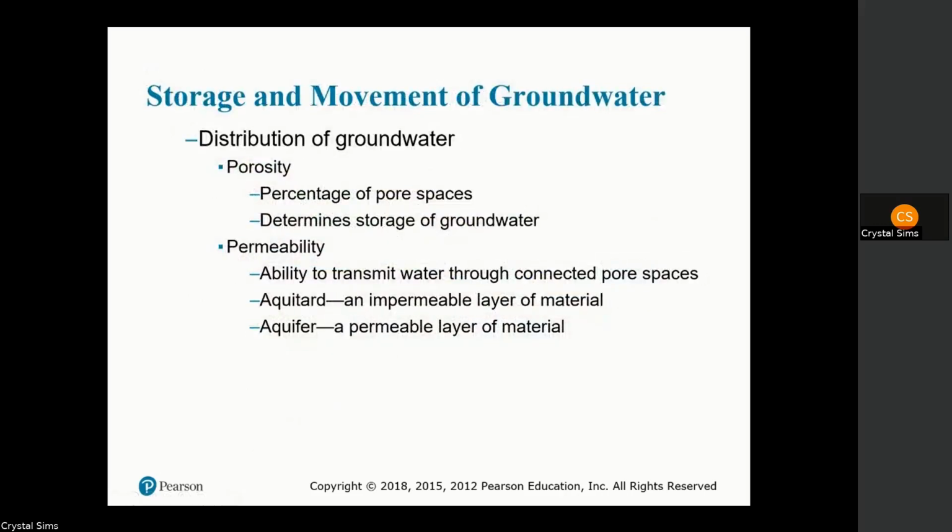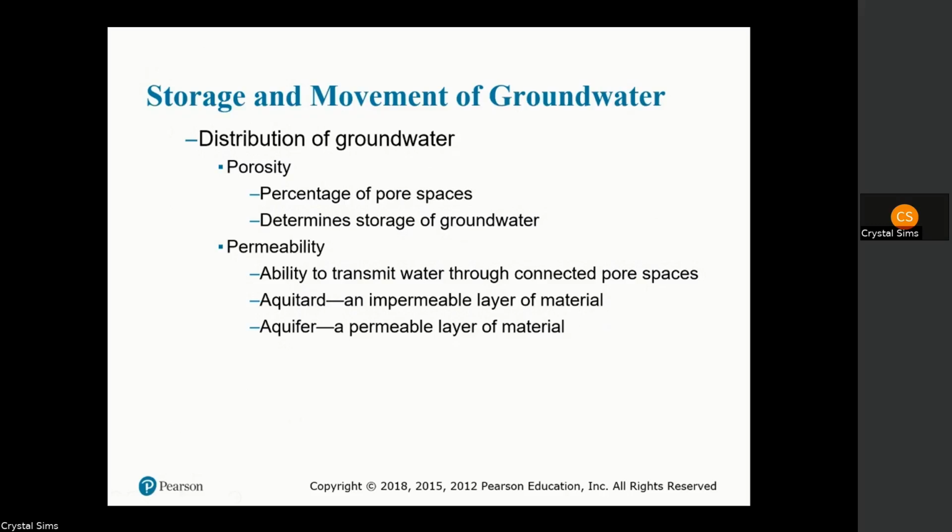The nature of the materials that are beneath the surface influences the rate of groundwater movement, and these two factors are the most important: porosity and permeability. Water is able to soak into the ground because bedrock, sediment, and soil contain openings or pore spaces.